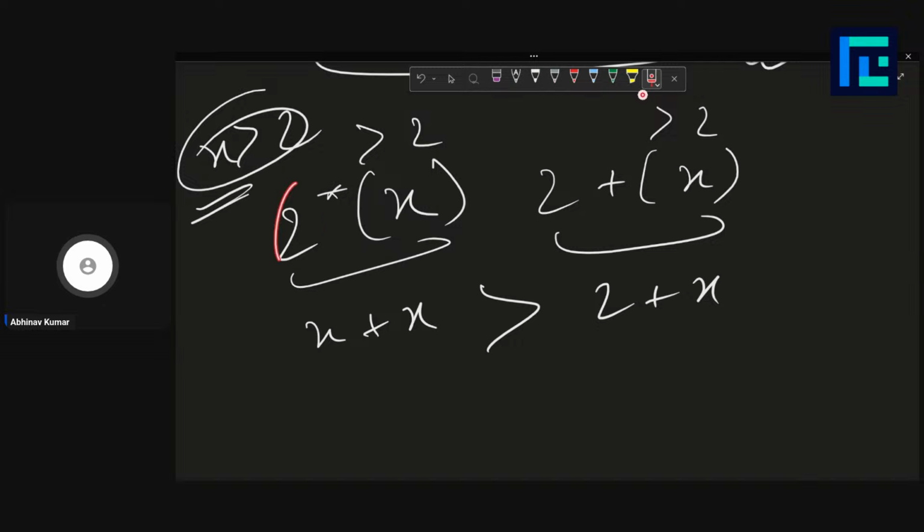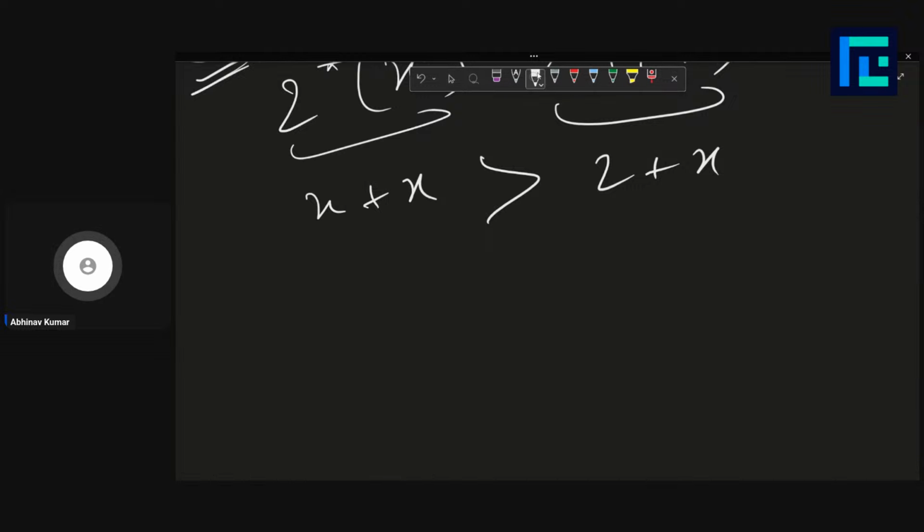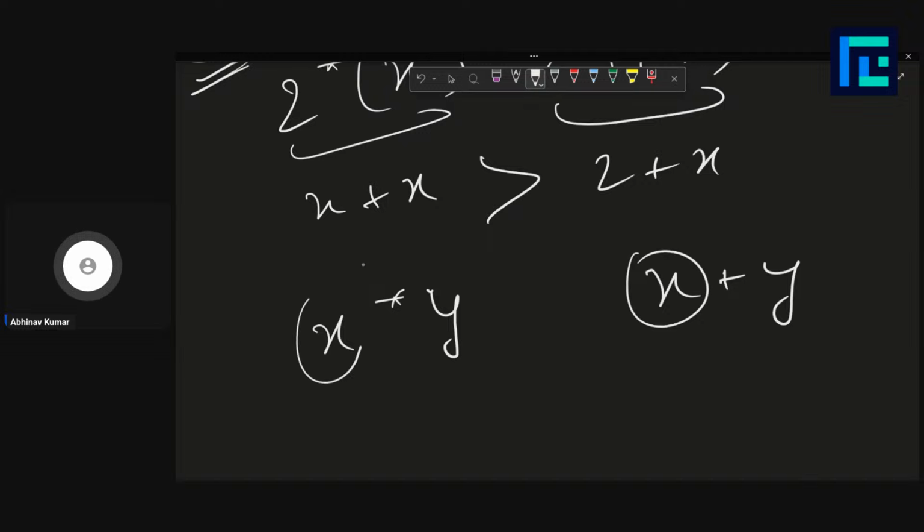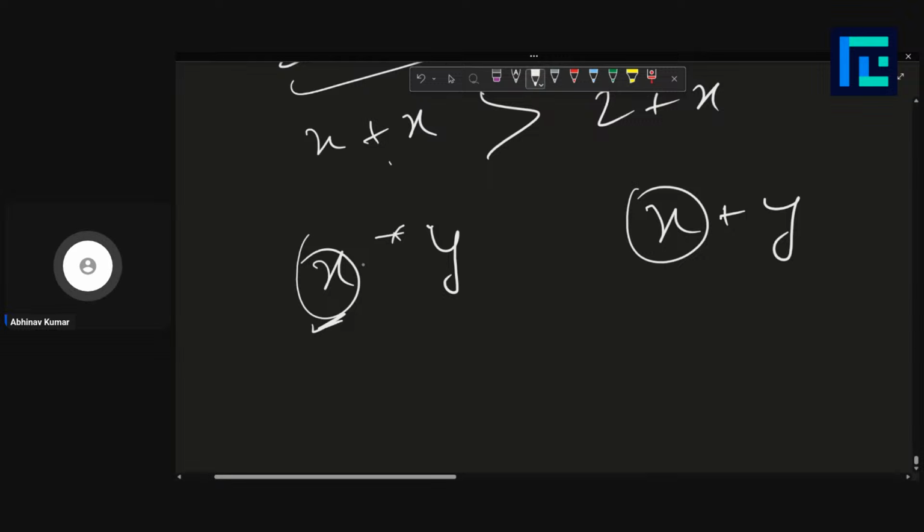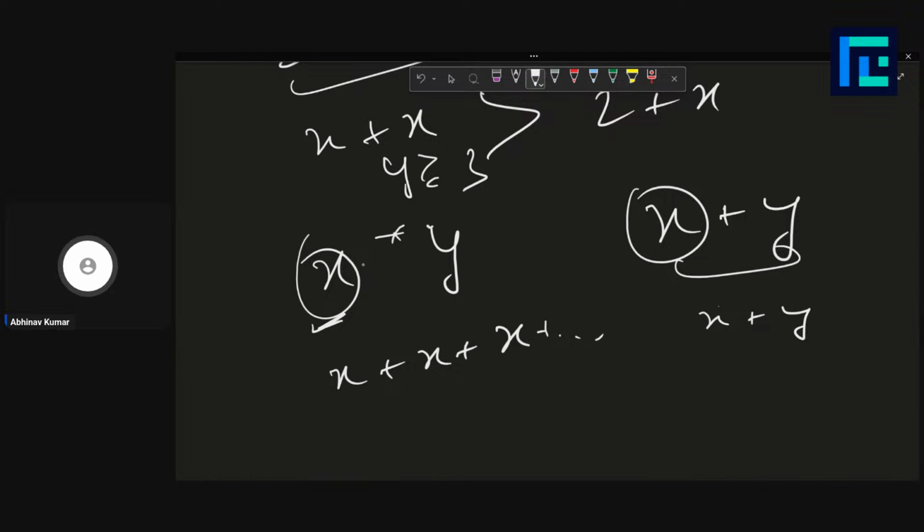I've already taken one of the two, the second one is not a 2. And if I'm taking both of them greater than 2, then x into y and x plus y. If you start with x and multiply by y, where y is greater than or equal to 3, that means at least you are adding x three times or more, and here you are adding y to x.